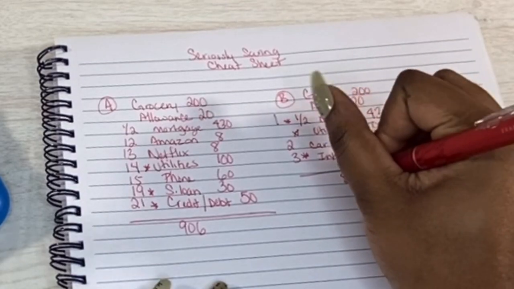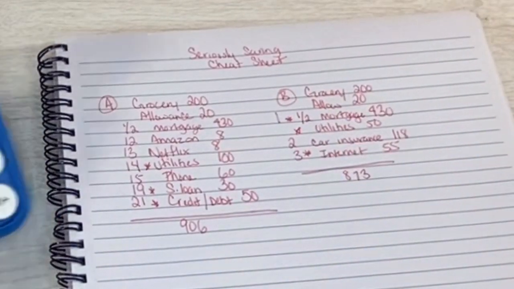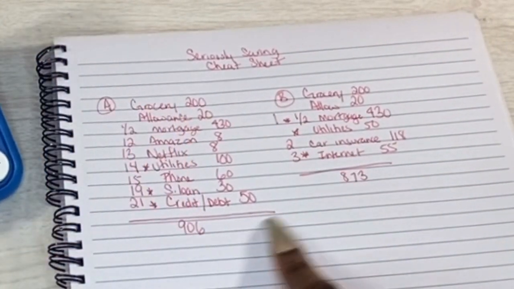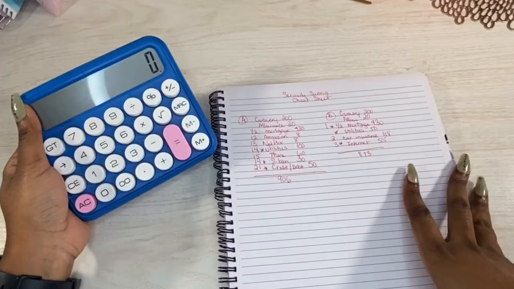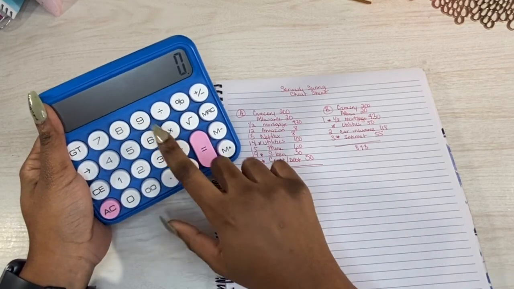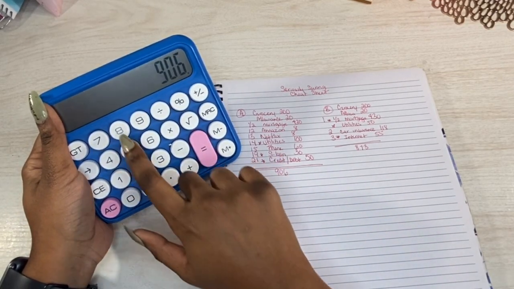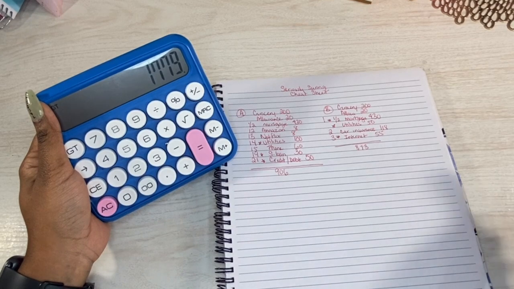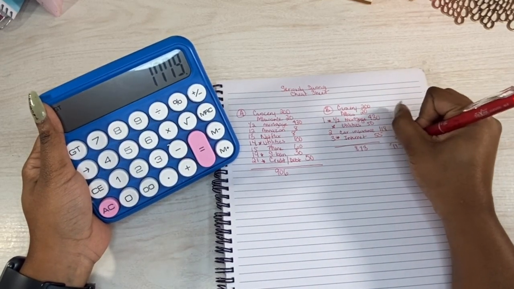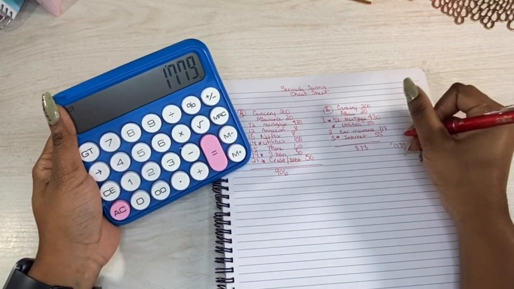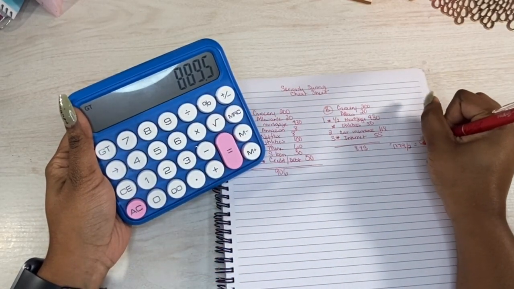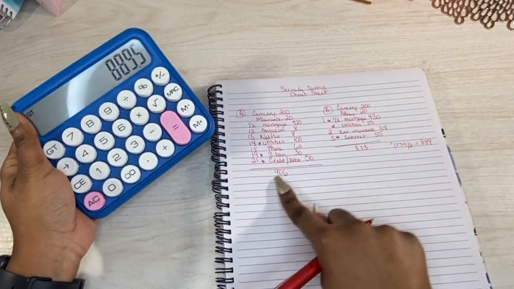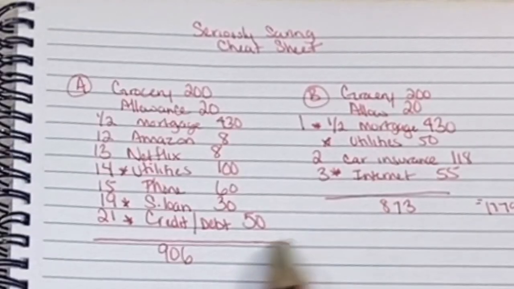So they're pretty different. My goal is to try to make these a little bit even. Like I said, that makes it easier for me to be able to pay other bills. So let's add these together and see how much our fixed expenses are altogether. So altogether, it's $1,779. I want to average it out. So I divide it by 2. And I get $889. So I kind of want these to even out to $889 each.